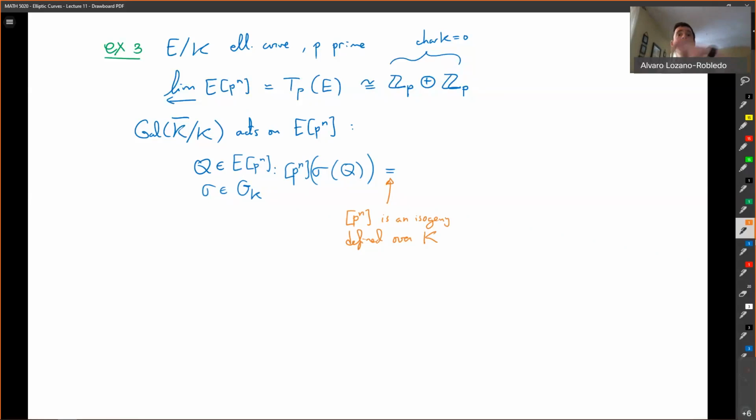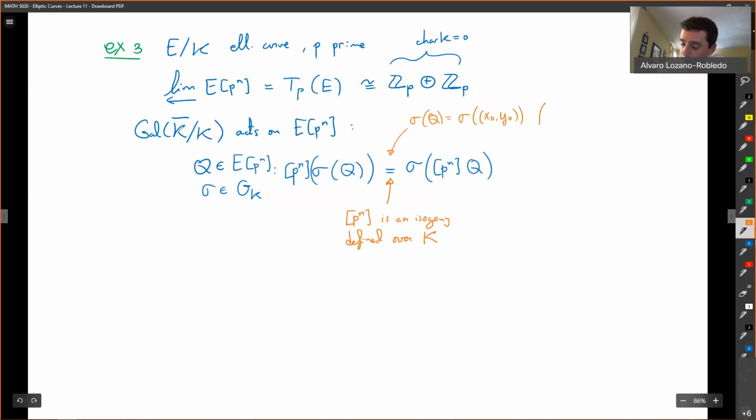The sigma can come out of everything because it's a field automorphism that fixes K. So what happens here is that the sigma can come out of the multiplication. Okay, so there's two things here. One thing is that sigma Q is sigma acting on whatever coordinates those are.